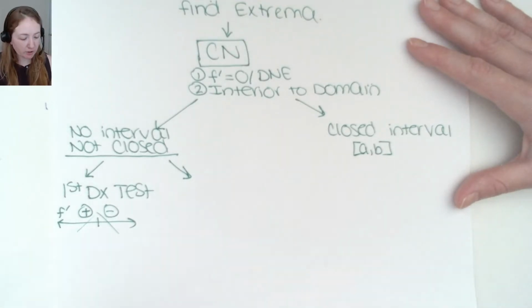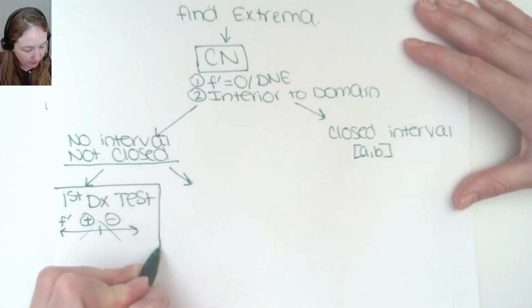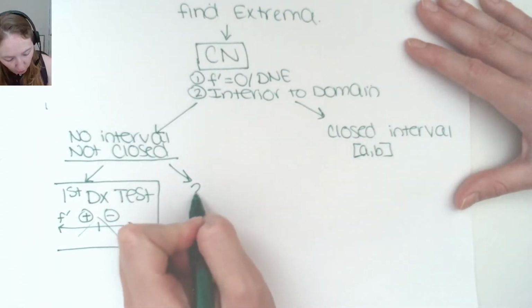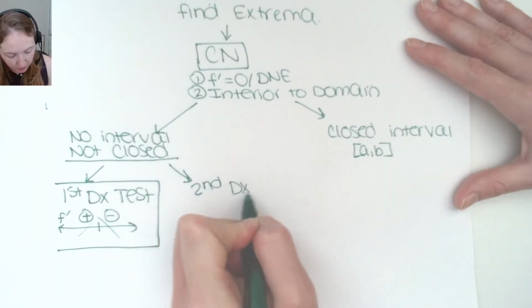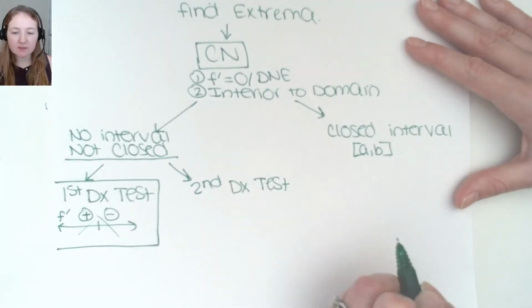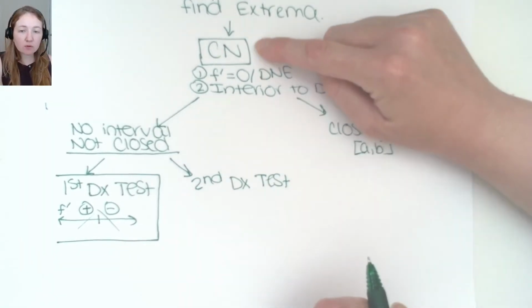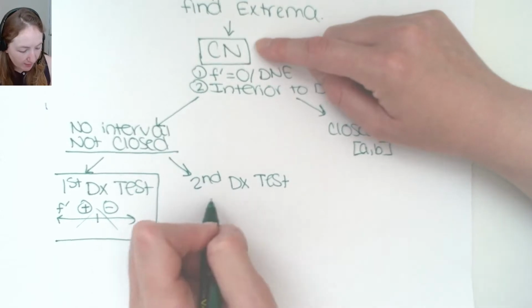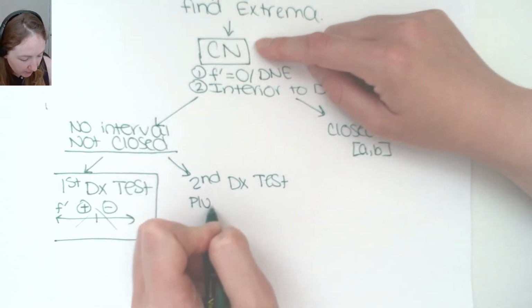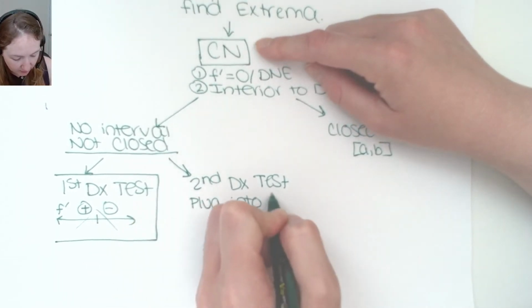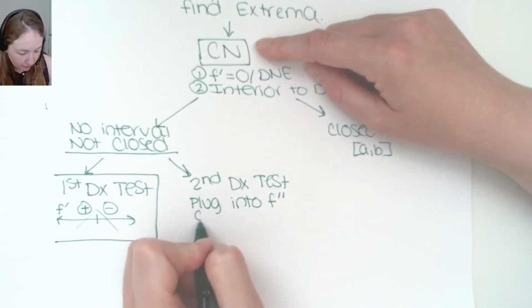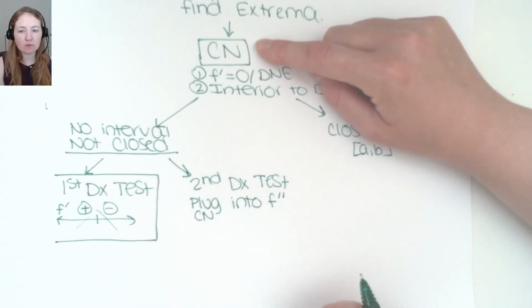The other option is the second derivative test. With the second derivative test, we take those critical numbers that we found and we plug them into the second derivative.